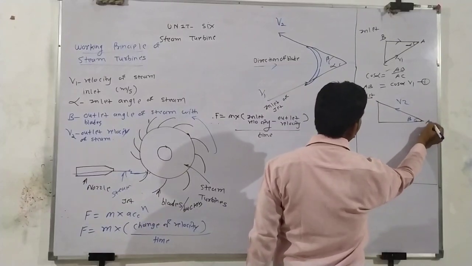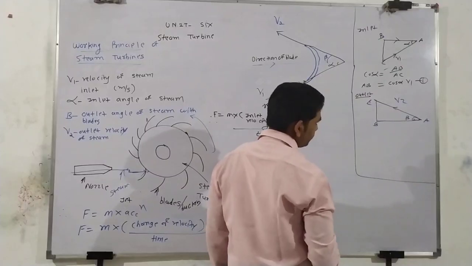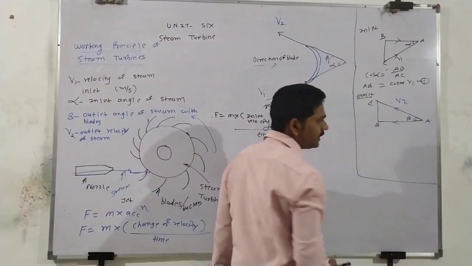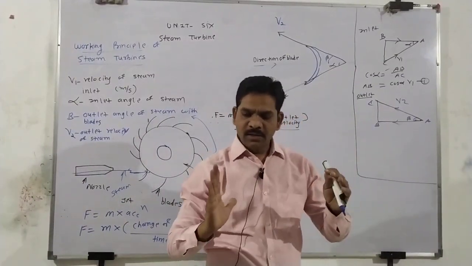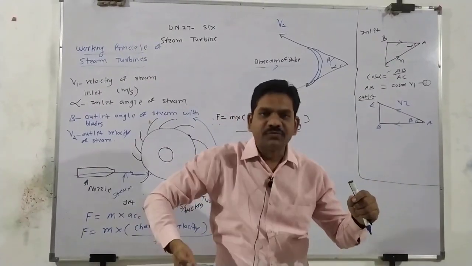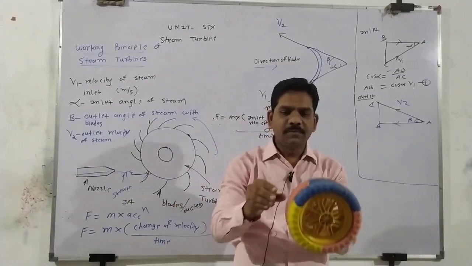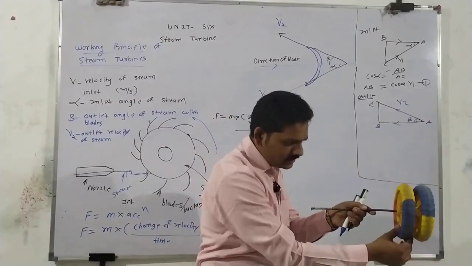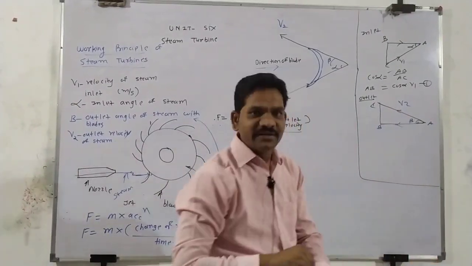We call the name A, suppose this is B and this is C. Initially the rotation of the blade is like that, then in the downward direction in this way, opposite to the direction of the steam. The blade moves in this way, and then in the downward direction. So that's why the arrow is like this for the outlet sections.